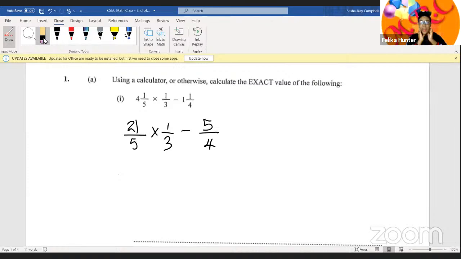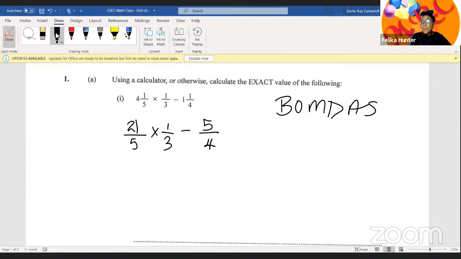So the first thing that should come to your mind is BODMAS, knowing that we are going to do our brackets, and then multiplication or division, whichever comes first, and then addition or subtraction, whichever comes first. You can say BODMAS, or you could say PEMDAS.